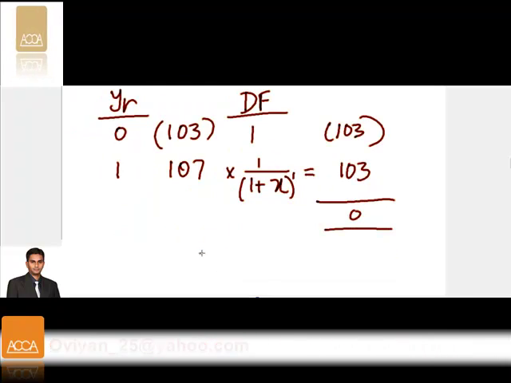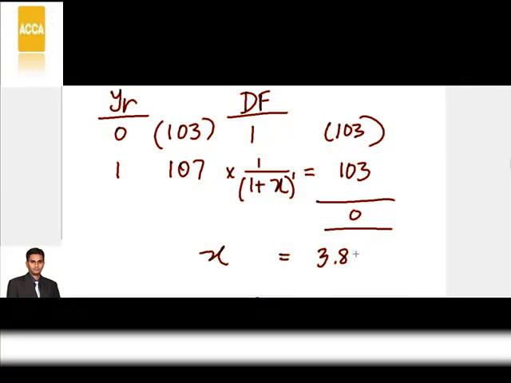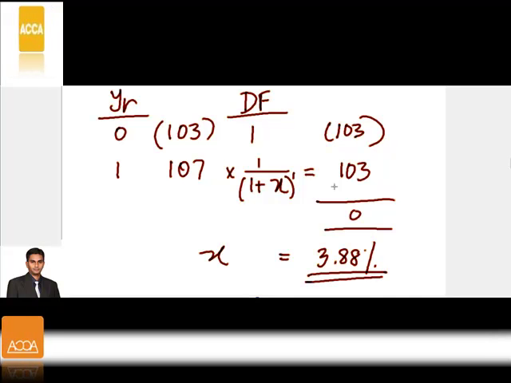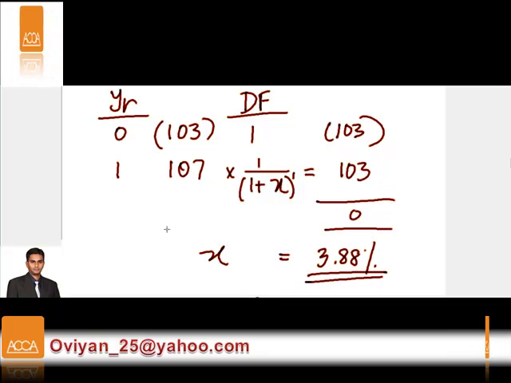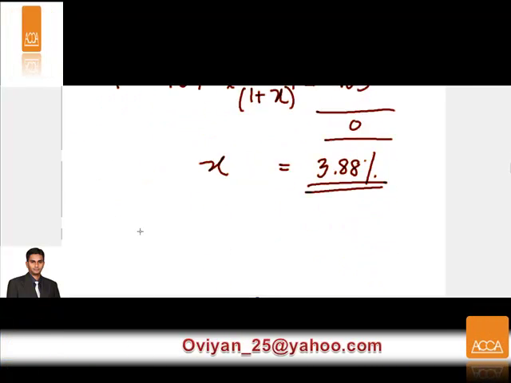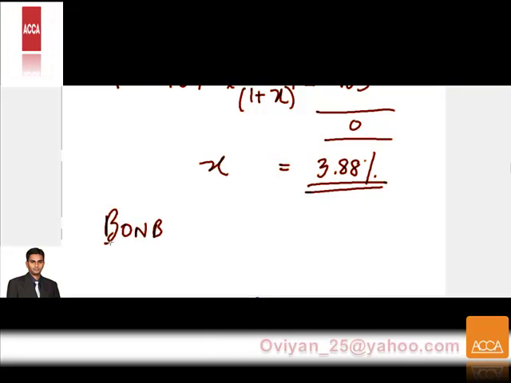So solving x, it should give you 3.88%. Okay, so we have already determined the year 1 annual spot yield curve. So year 1 is going to be 3.88%.